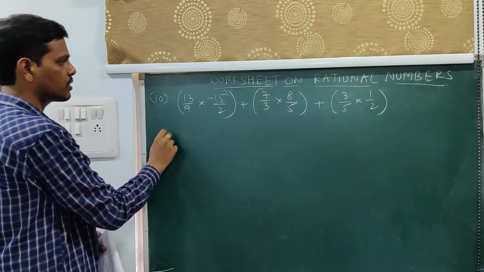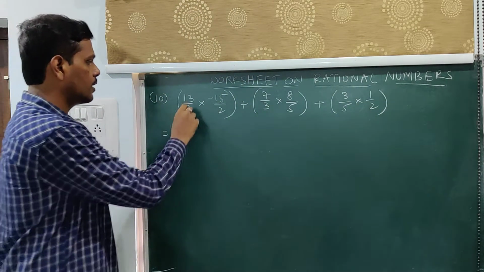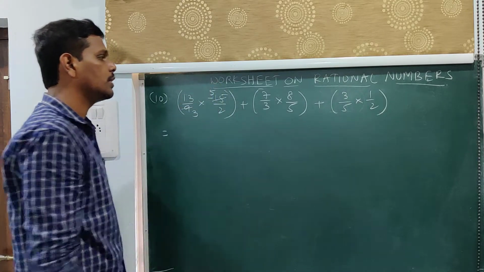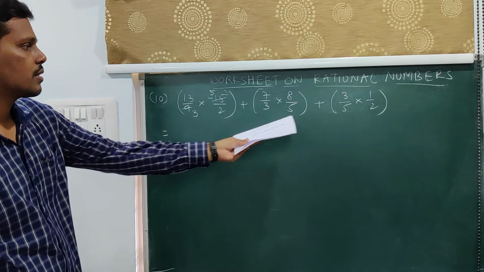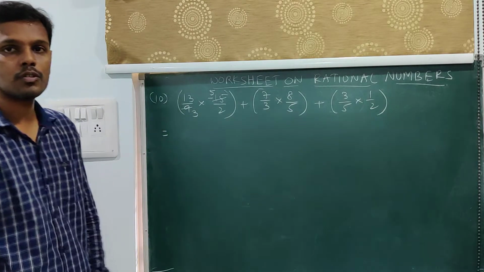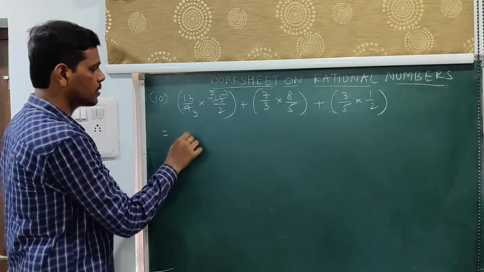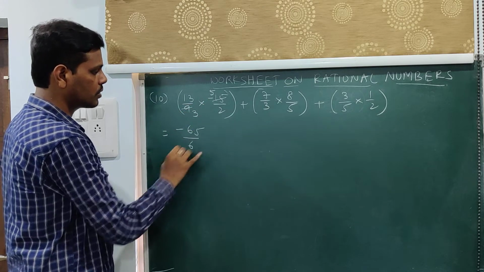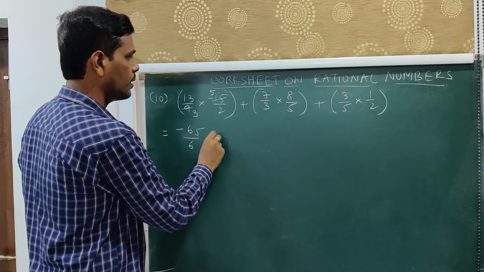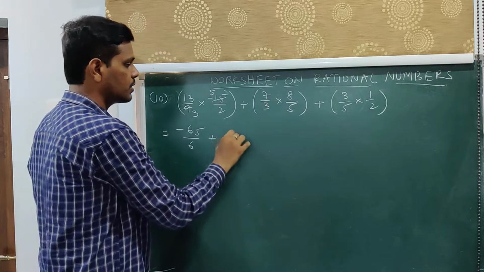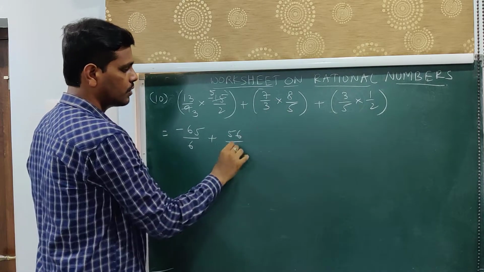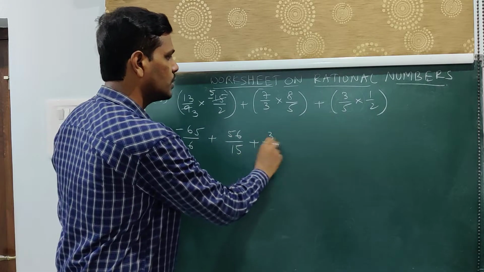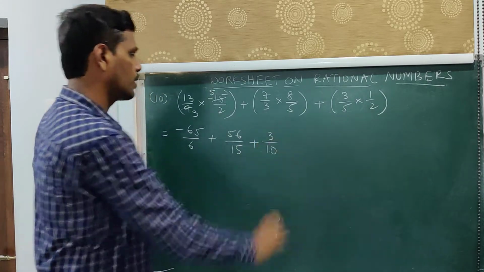Again, wherever simplifications are possible, let's do it. Here 3 3s are 9, 3 5s are 15. Here no cancellations are possible. Here also no cancellations are possible. So 13 5s are 65. Plus into minus is minus, 3 2s are 6. Next, plus 7 8s are 56, 3 5s are 15. Next, 3 1s are 3, 5 2s are 10.